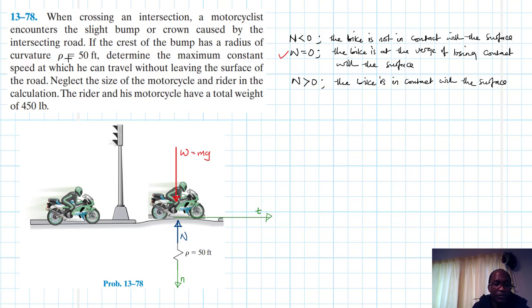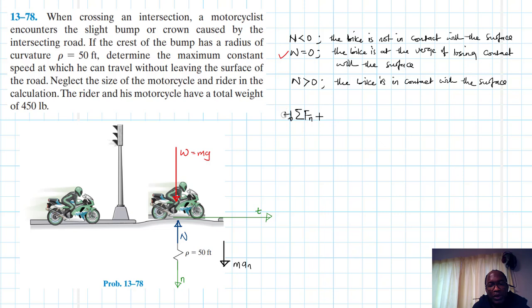All right, so N equal to 0, and we say the summation of forces in the n direction. Let's show the direction on the kinetic diagram. There we are, m a_n, this is our m a_n.